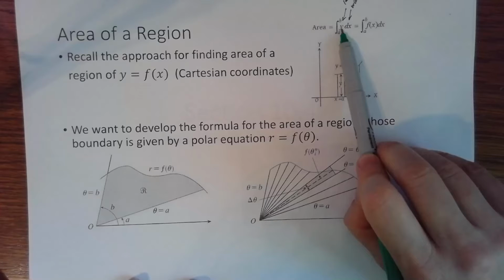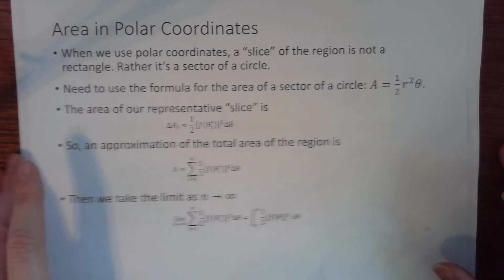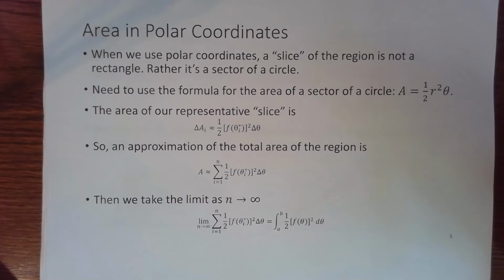Okay, so we're going to our polar coordinate system. Like I said, that slice of the region is not a rectangle, it's a sector of a circle. So we're going to need to use the formula for the area of a sector of a circle, which is 1/2 the radius squared times the central angle. And this has to be measured in radians.